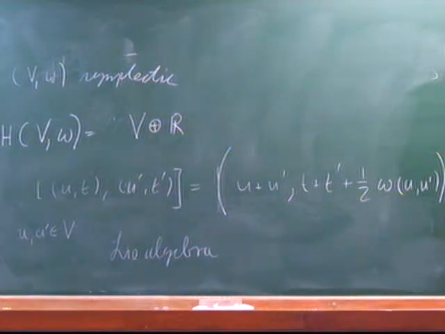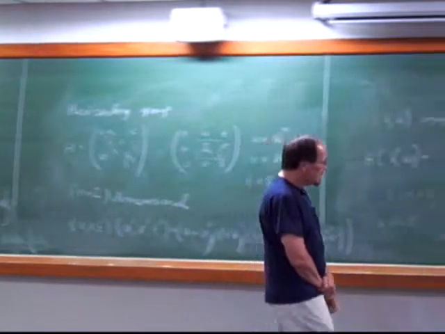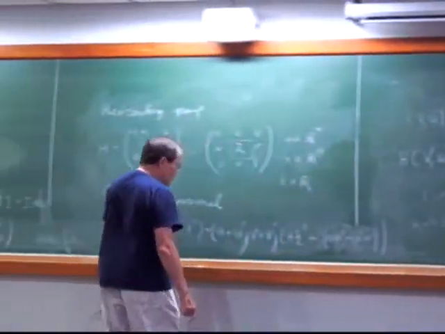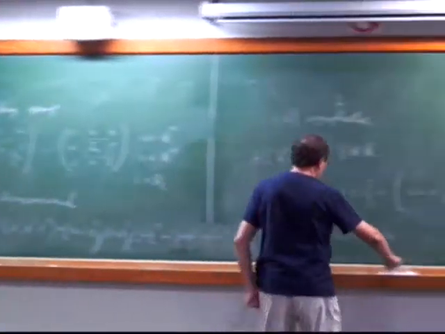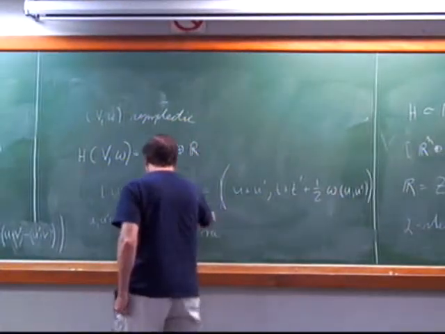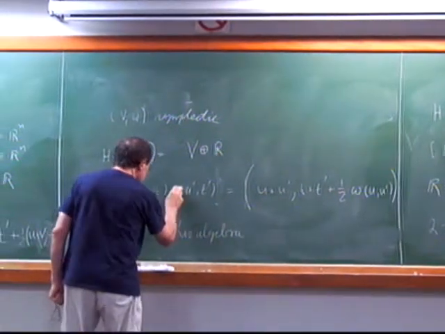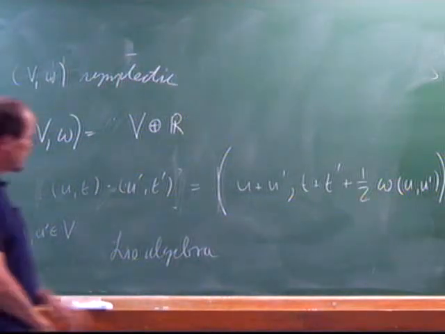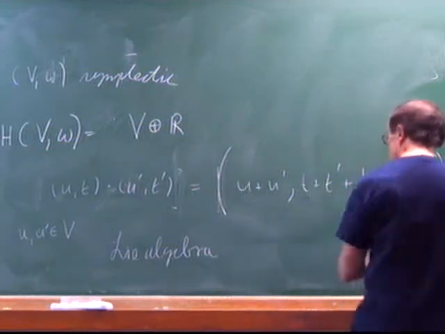Ah, no, I'm mixing up the product with the Lie bracket. This is what the product in the Heisenberg group looked like. Okay. And I'll write the Lie bracket next. So this dot, that's my product in the Lie group, is defined like this. Add the vectors, add the scalars, add the symplectic form.